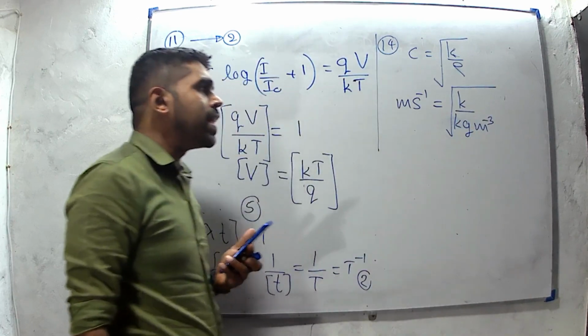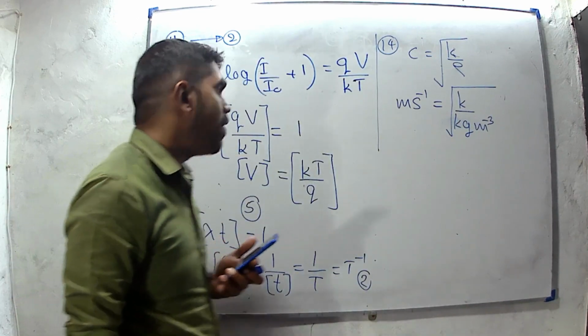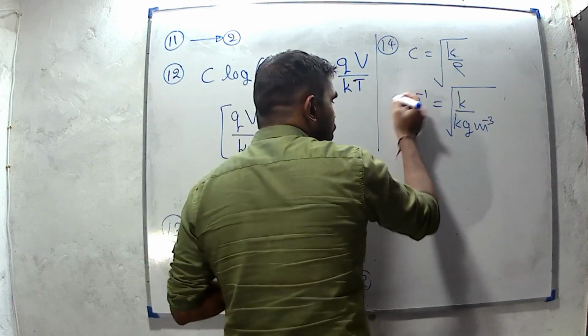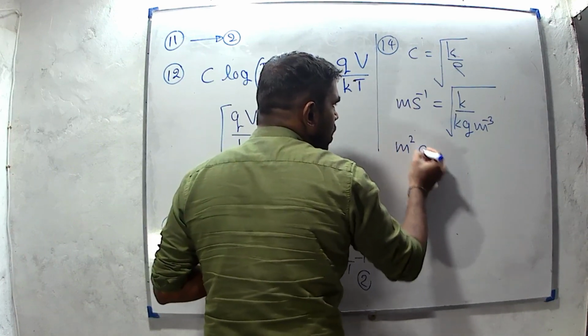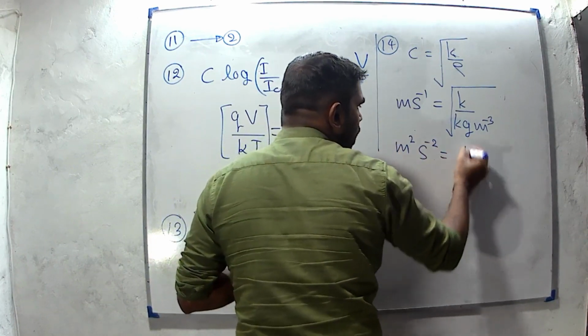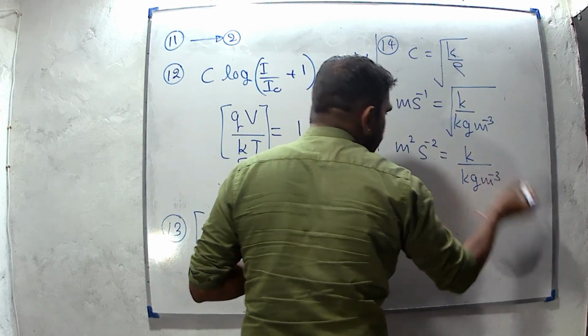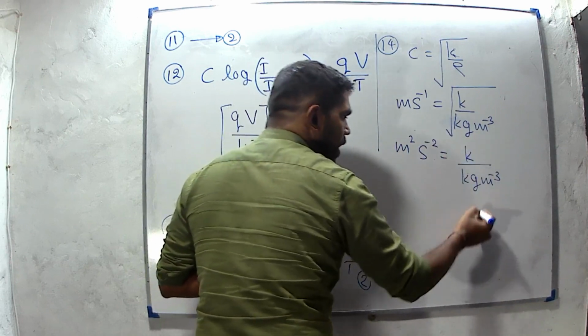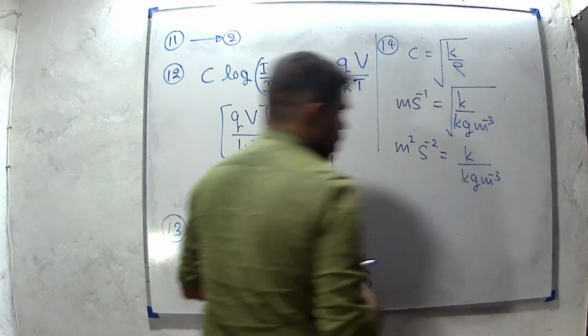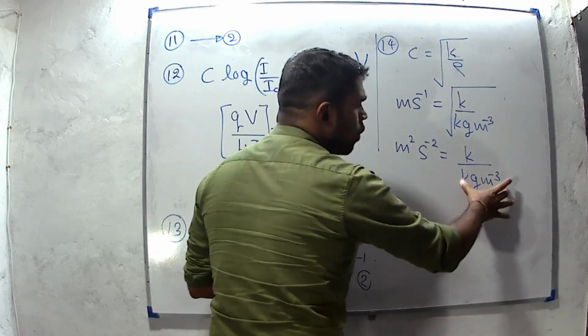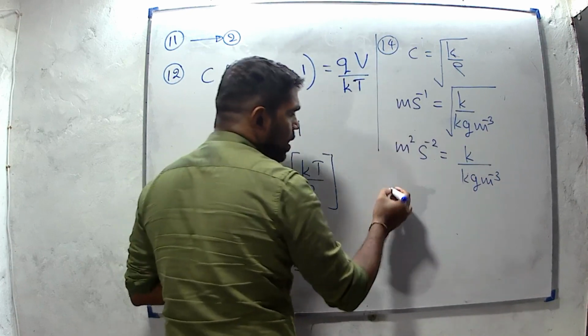Then we have to find the unit of K. I will square the equation: m squared s to the power minus 2 equals K divided by kg m to the power minus 3. Then we can make K the subject. We can bring kg m to the power minus 3 to the left hand side.